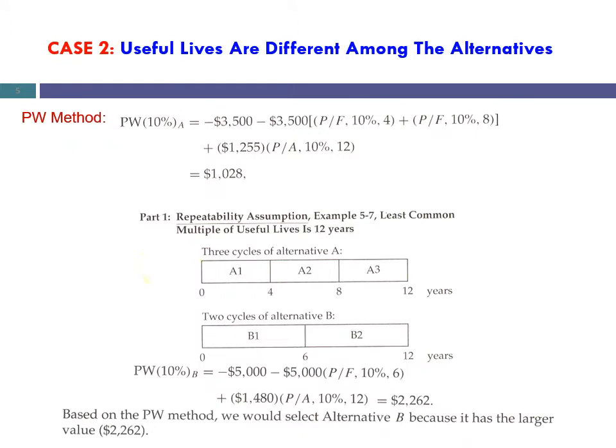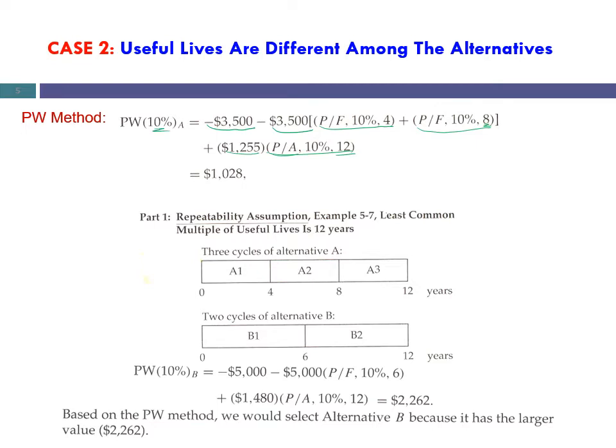Okay, so if we do it for the first alternative, look, this is the initial capital investment. This part multiplied with this factor is the present worth of the second repetition's capital investment. And if it is multiplied by 8 years, it is the third one. And this one is P given A for 12 years, the uniform payment series.